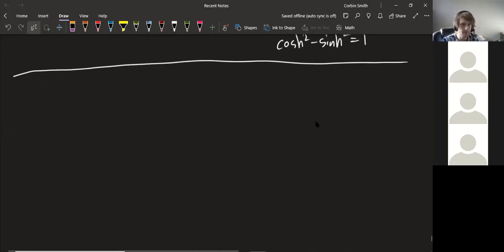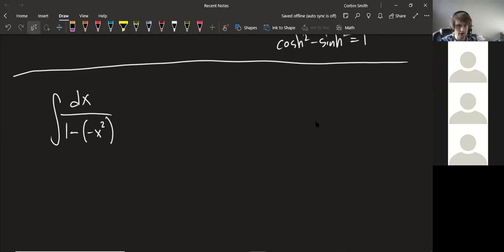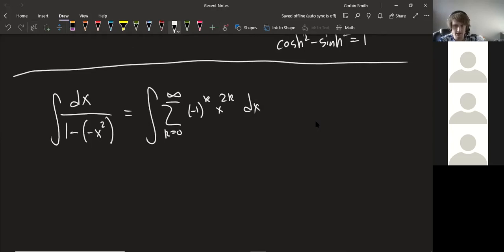So we can rewrite dx over 1 plus x squared as dx over 1 minus negative x squared. So this is equal to the integral over k equals 0 to infinity of minus 1 to the k x to the 2k dx.